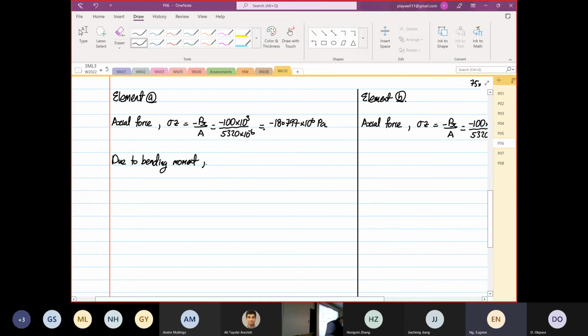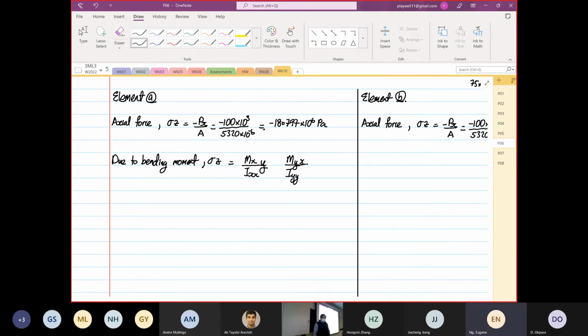Right, so the formula, still stress in the Z direction, so it's going to be My or Mx over Ixx multiplied by Y, My over Iyy multiplied by X. Plus or minus, I don't know yet, we are going to find out.